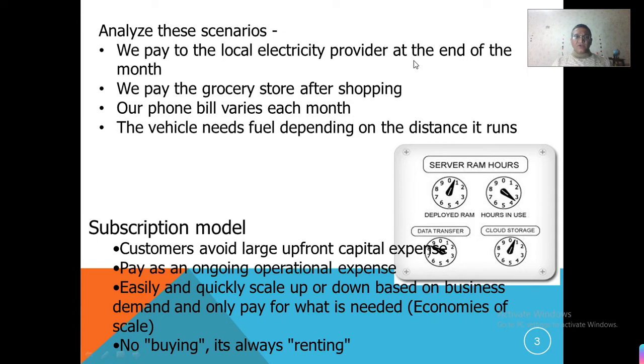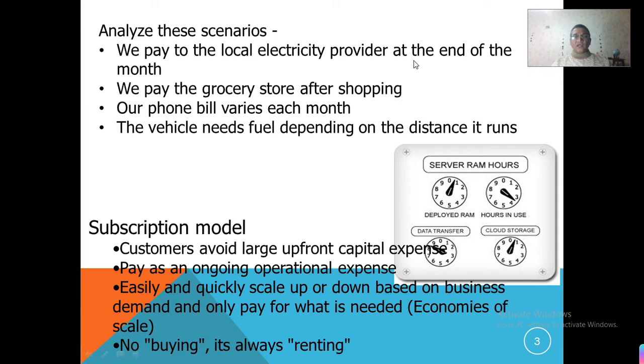The other advantage of this model is that you can easily and quickly scale up and down based on business demand, and only pay for what is needed. This is a very good advantage. What does it mean? If a guest comes to your house for a particular time, your consumption may increase that month, for grocery or electricity.